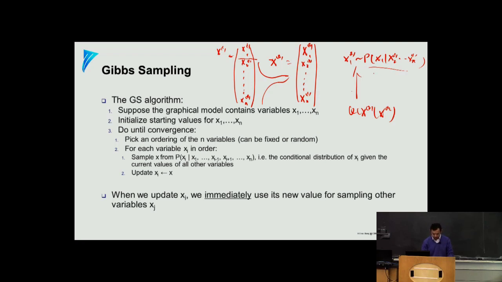And this can be further reduced if you recall: in the graphical model, the conditional distribution of one random variable given everybody else is given by the Markov blanket of that variable, or its neighbors, depending on what model you're using, Bayesian network or Markov random field. You can always exclude most of the variables and condition only on the blanket.